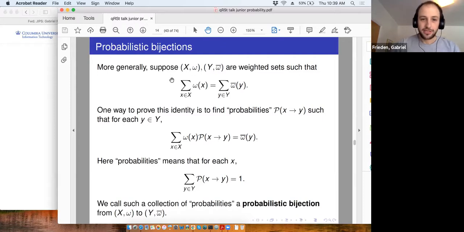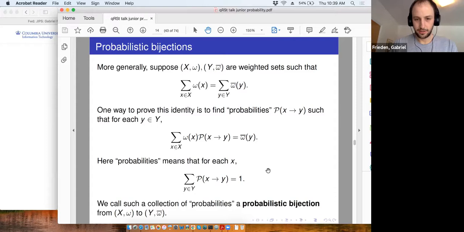And then there's also this paper by Leonid and Borodin where they formally write down this kind of definition, and they don't call it a probabilistic bijection, they call it a bijectivization. But we just decided to call it a probabilistic bijection.